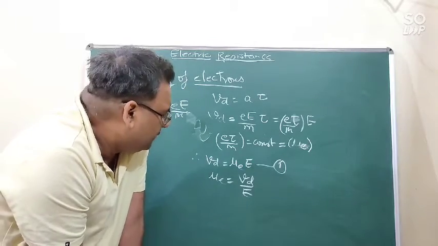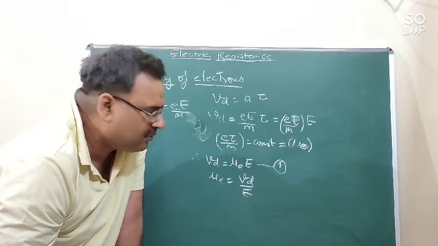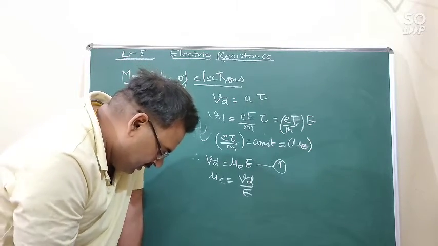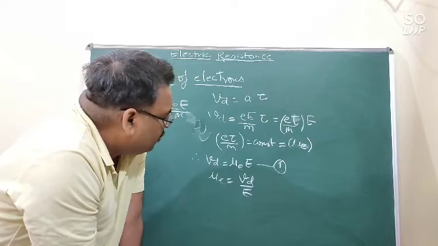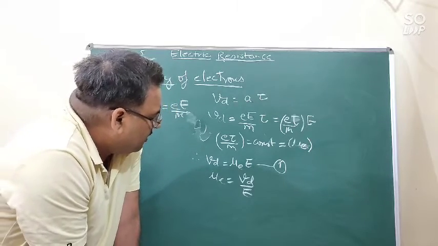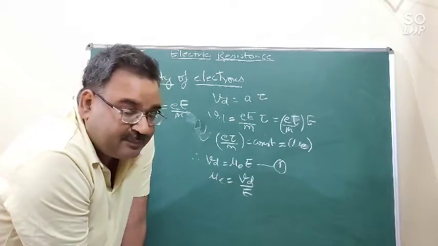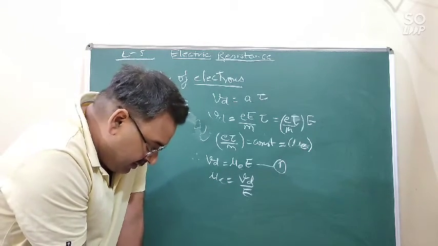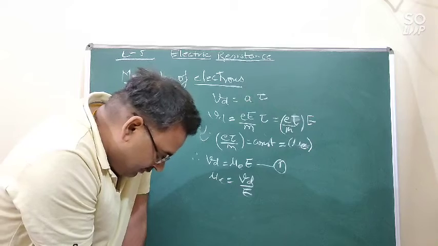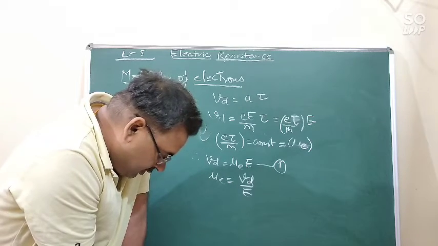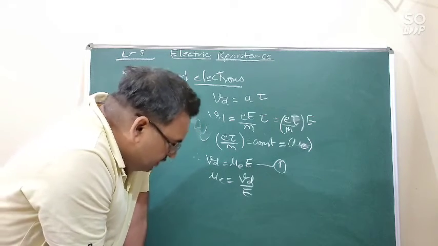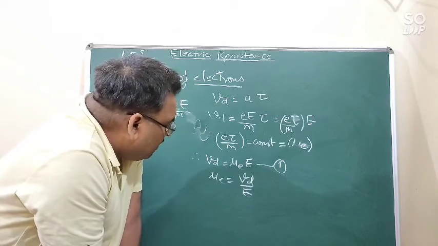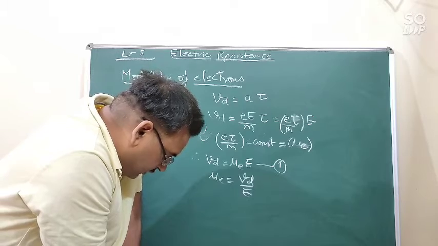And the magnitude of the drift velocity depends upon the magnitude of the electric field that is applied. So Vd is equal to mu E. This is the relation between the drift velocity and mobility of free electrons.